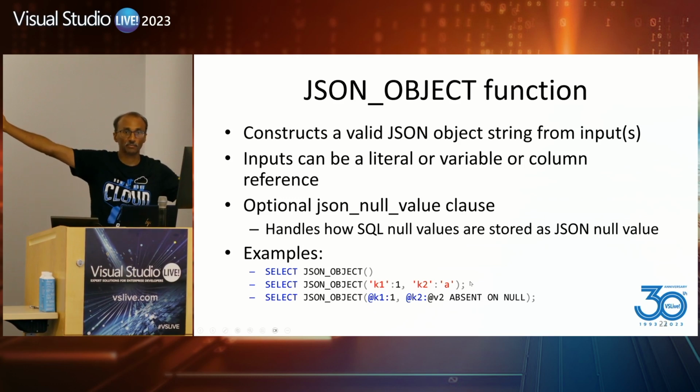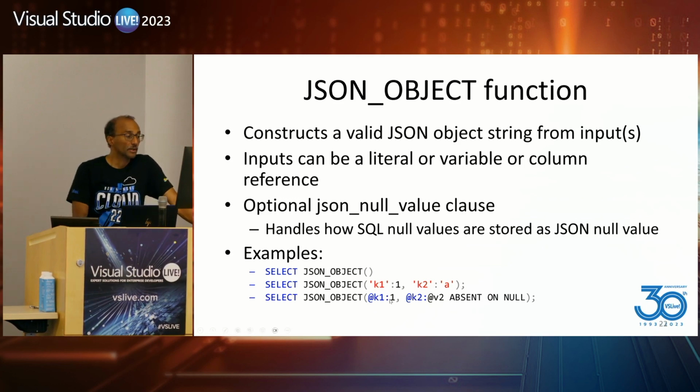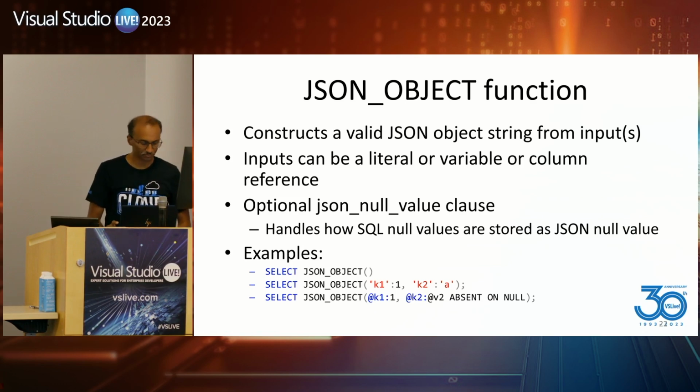You can put as many as you want. You can also use variables in there as parameters. You can have a query itself, a subquery, a user-defined function, doesn't matter. Whatever you can do with a SQL function today, you can do that here. So it behaves like a regular function.